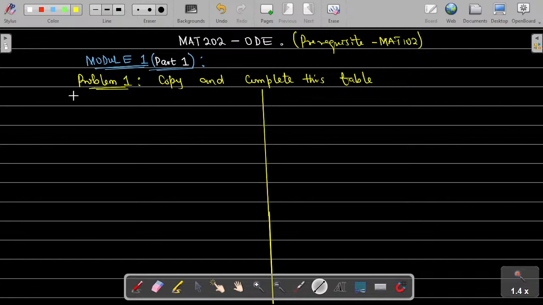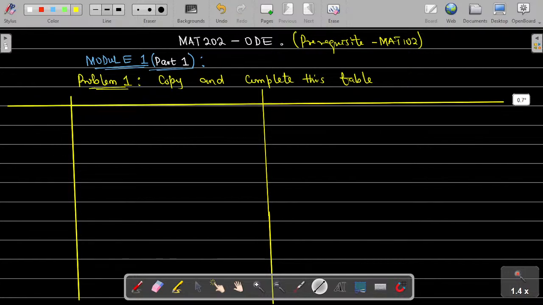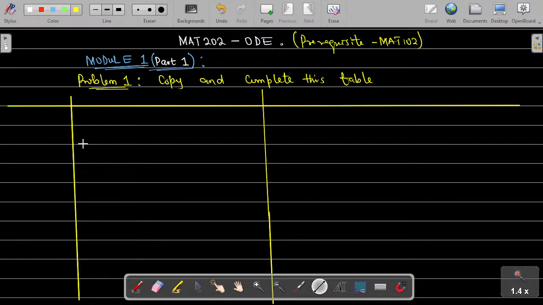I think it will help. I think that doesn't look straight. Okay, so even this way, let's get something this way. Okay, because it's a table that you are expected to complete.